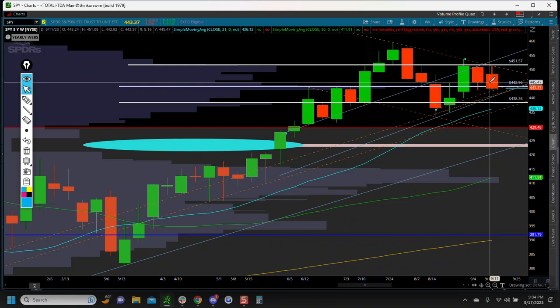We got the Fed this week. They're only expecting a $60 move in the S&Ps, which is ridiculously low when the Federal Reserve is reporting this week. The data all suggests we're going to have a quarter basis point hike, but the markets do not seem to think that's going to happen.